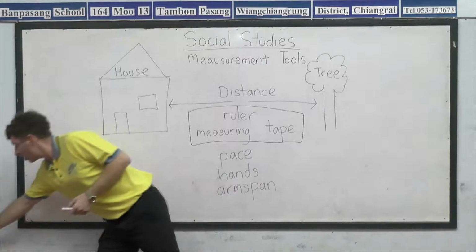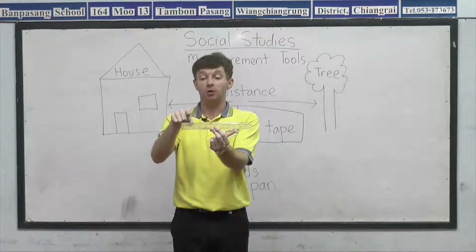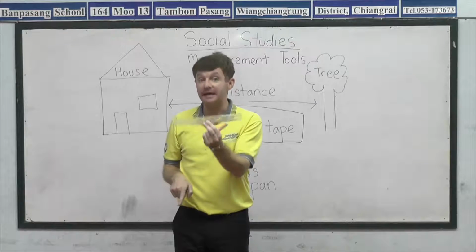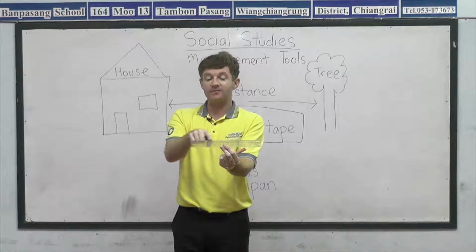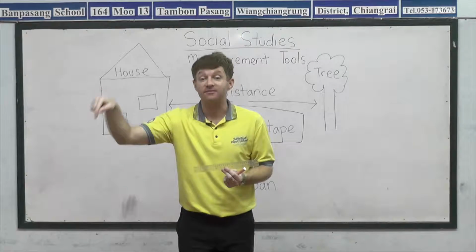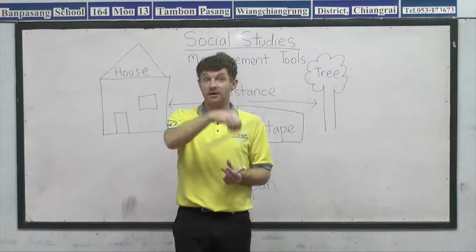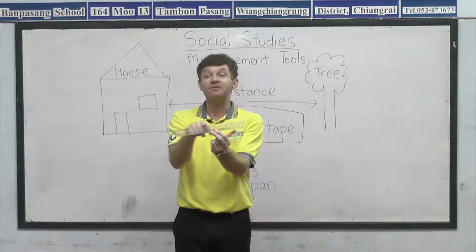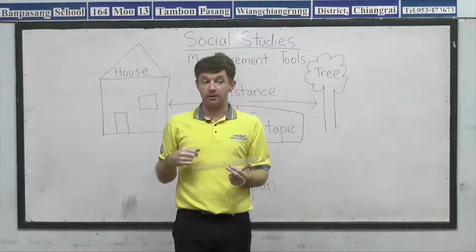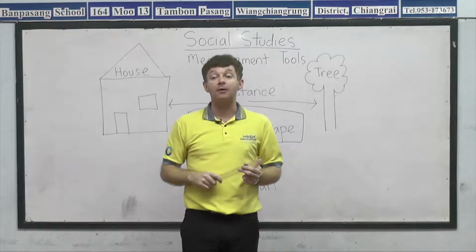Okay, let's look at our rulers now. On our rulers, we have set units of measurement. Everybody's ruler is the same. 10 centimeters on my ruler is the same as 10 centimeters on everybody else's ruler. If we flip it upside down, we have inches. 5 inches on my ruler is the same as 5 inches on everybody else's ruler.